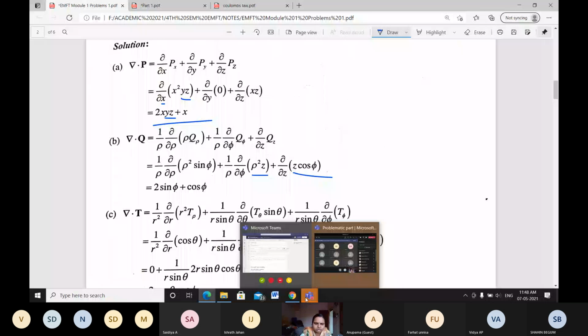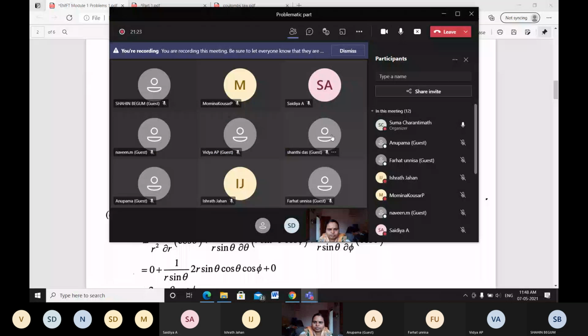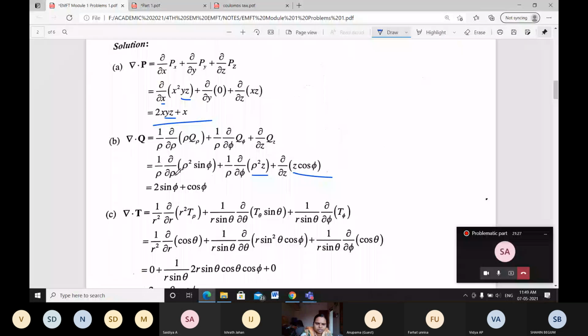Substitute here and then solve. With respect to rho, you will get 2 rho sin phi, and 1 by rho is there, so rho cancels, and you get 2 sin phi. Plus, this will be like a constant, so this whole part is going to be 0. Differentiated with respect to z, you will get 1, and the remaining part is cos phi. That is what you will get.